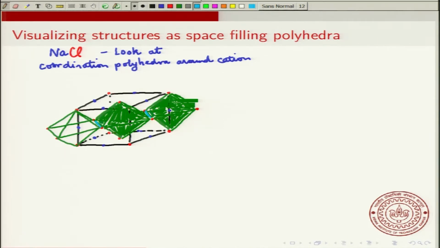So, you can really look at this structure as a set of polyhedra, as you can do this for all the sodium ions, and so the whole structure will just look like a set of edge sharing octahedra. This is just a way to visualize the structure that emphasizes the coordination of ions.